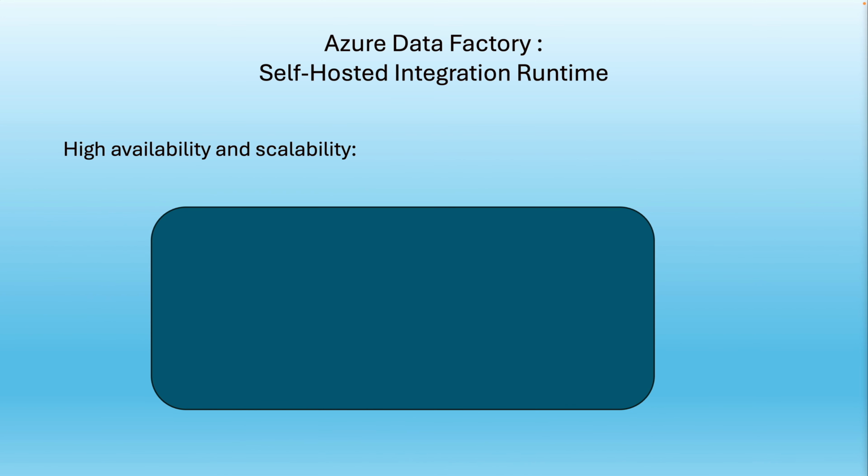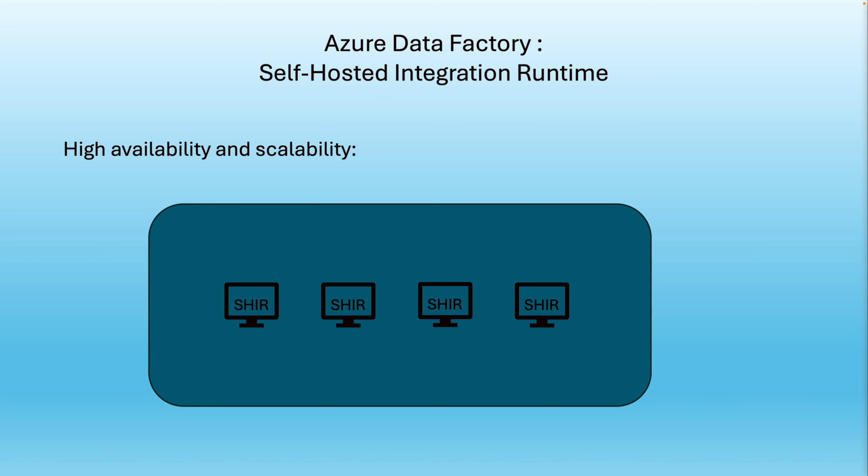High availability and scalability. You can associate a self-hosted IR with multiple on-premises machines or virtual machines in Azure. These machines are called nodes. You can have up to 4 nodes with self-hosted integration runtime.